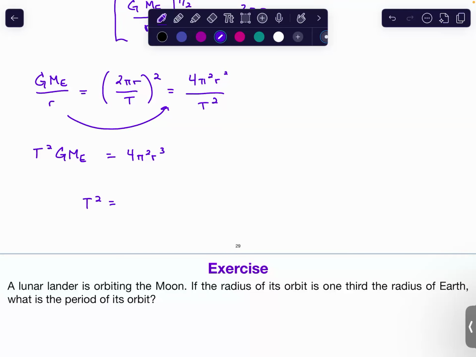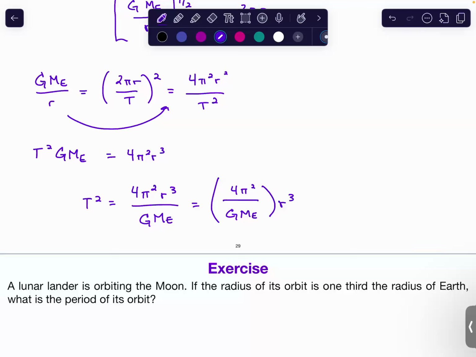Is that R cubed? Yep, there you go. Over G, mass of the earth, which we can factor out. You multiplied the R.